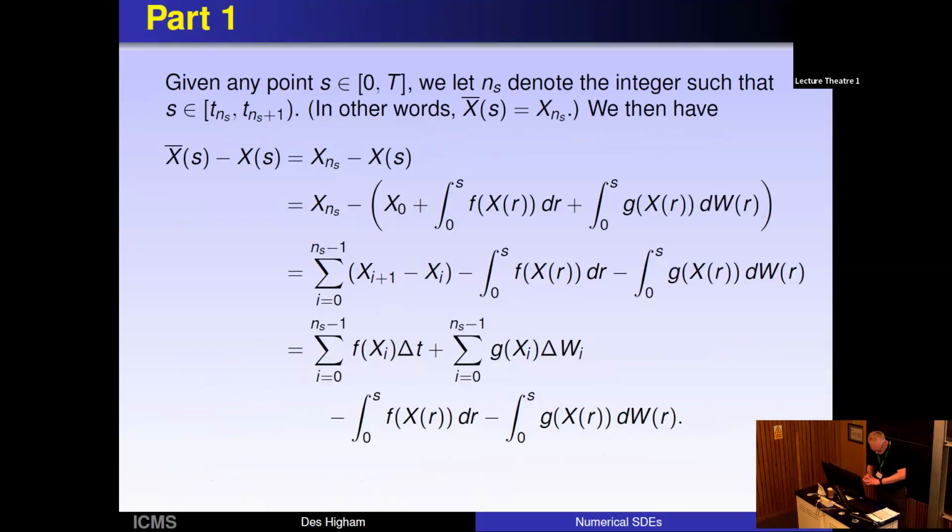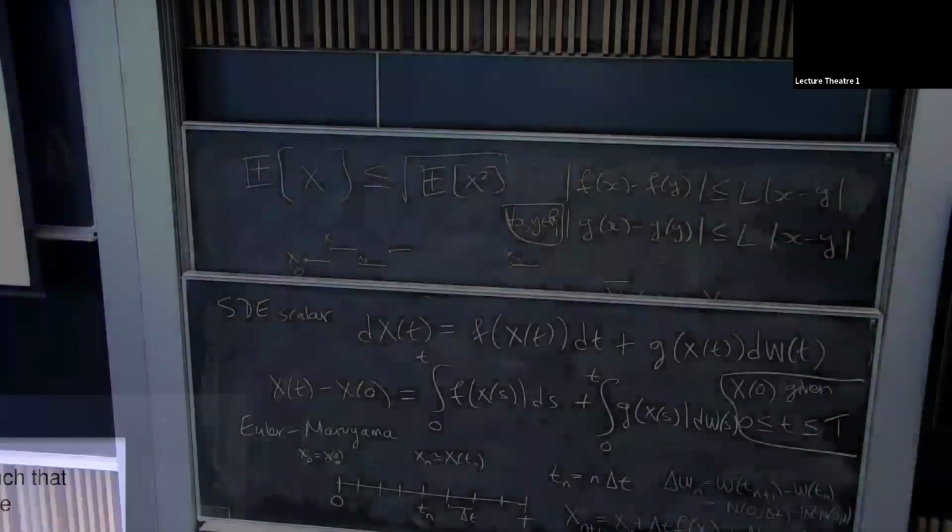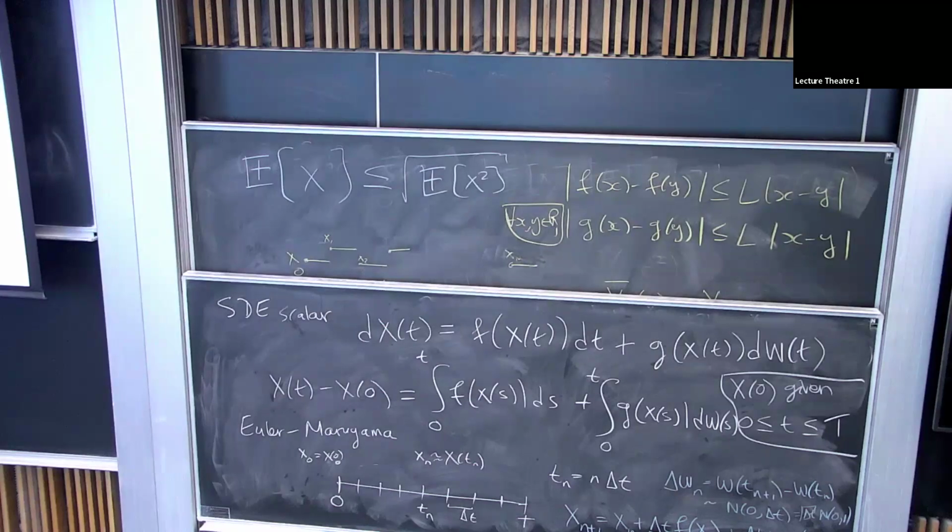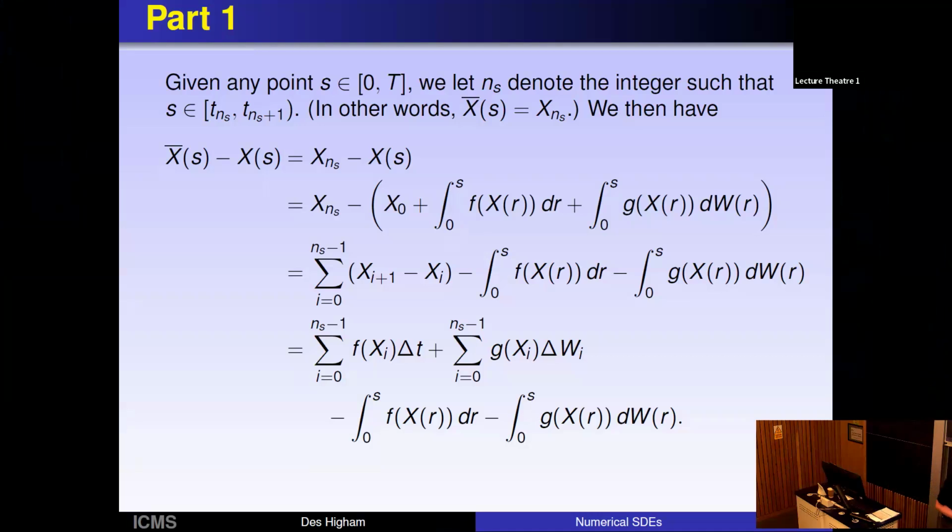Okay, so now we dive in. We're trying to control this difference, the numerical minus the exact, at some point s in the interval. And that point must live in one of the discretized intervals.